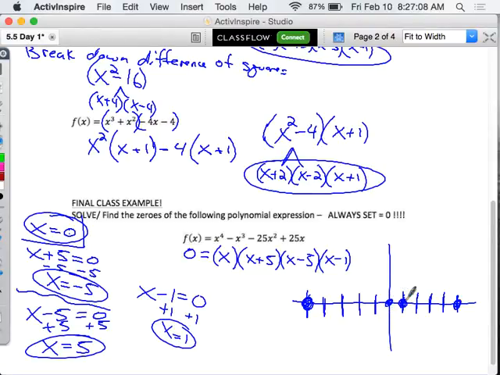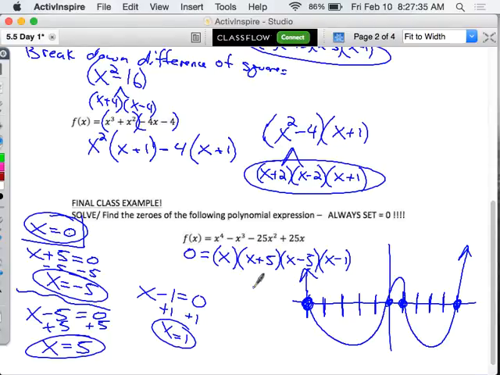So this thing would look like this. And just like in the warm-up, when we found the zeros of a quadratic, now we can find the zeros of a larger polynomial.